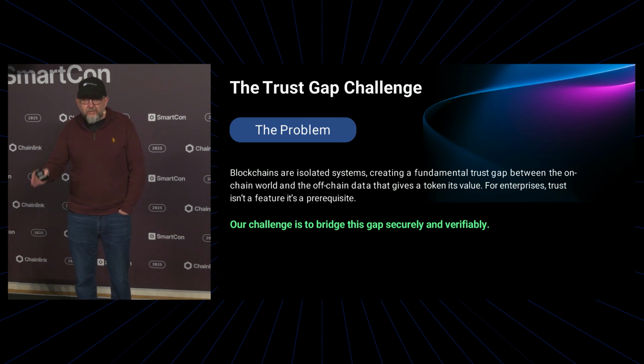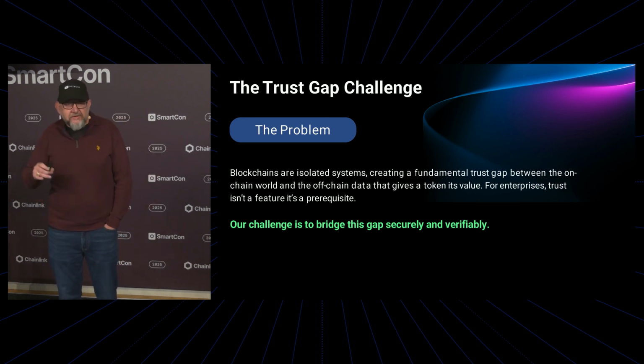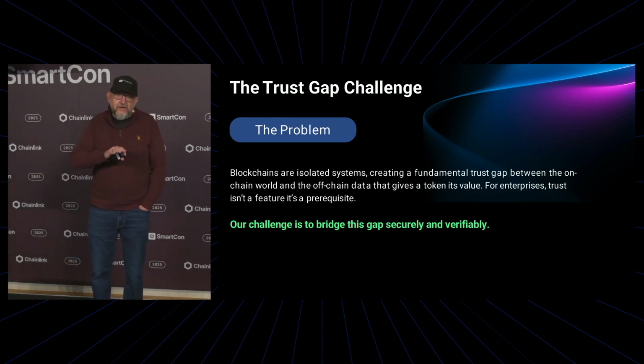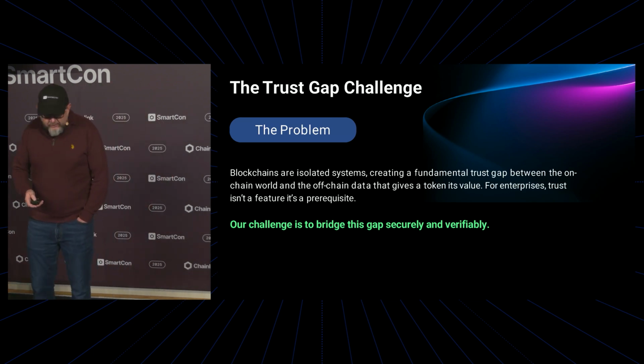The token is a synthetic. We know this, unless it's Bitcoin. But for the most part with RWAs, the data about the token sits off-chain. So we've got to bind the on and off-chain worlds in a completely verifiable way so that one represents the other. So how do we do that?